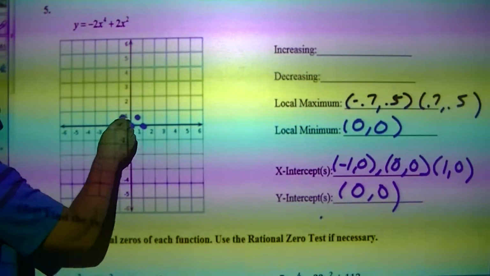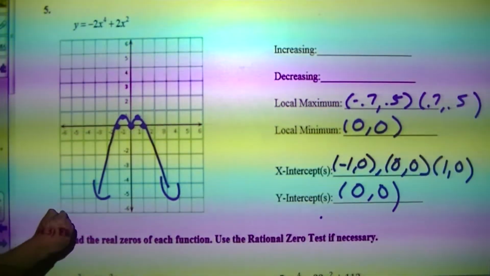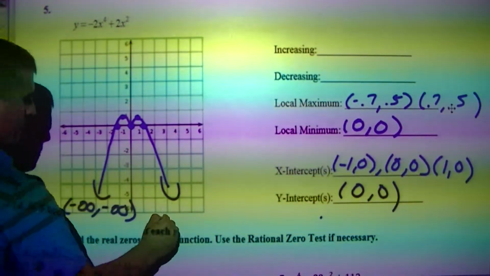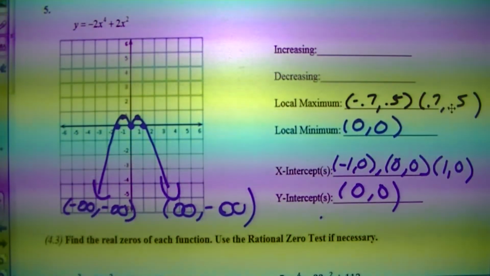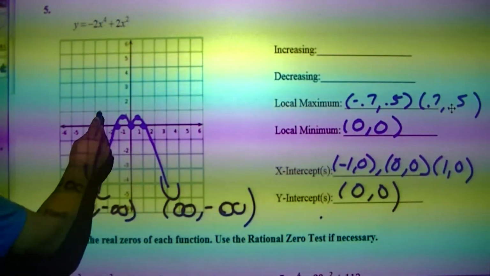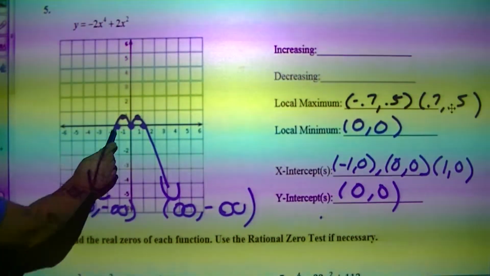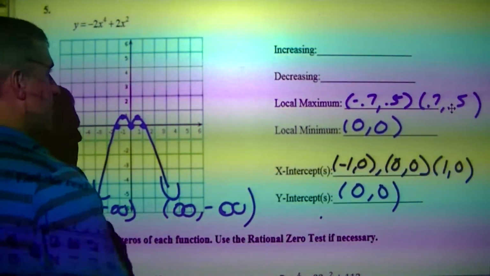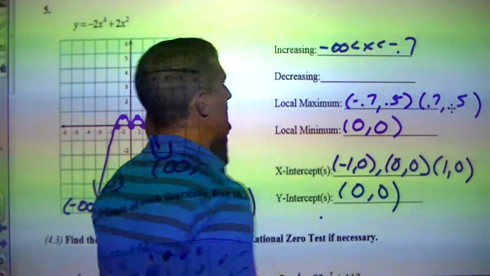So basically what this is going to look like is it's going to look like this. This would be negative infinity, negative infinity. That's going to be positive infinity, negative infinity. Now I'm going to do the increasing, decreasing. From negative infinity to that first maximum, that's going to be increasing. So negative infinity to -0.7 is going to be that first one.